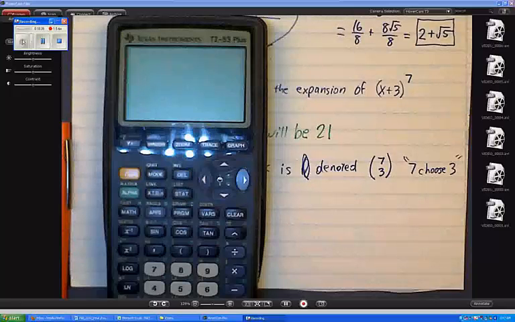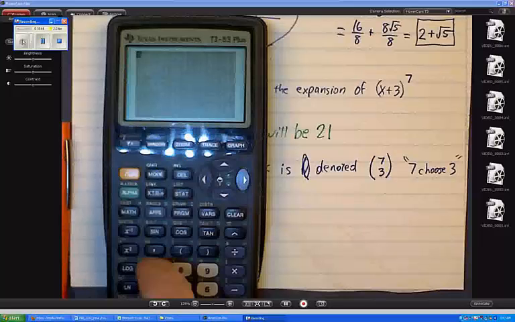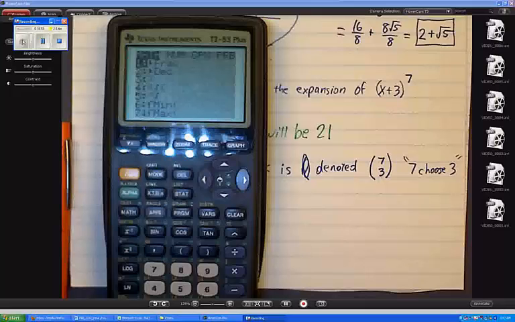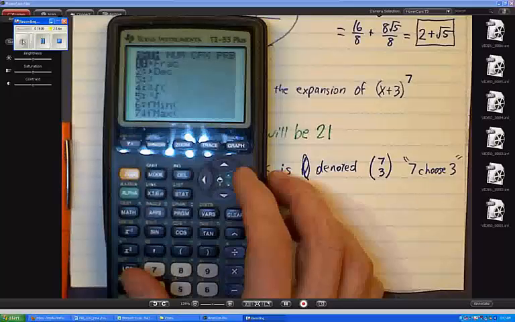So I'm going to go ahead to my calculator here, and I'm going to type in 7. And I'm going to go to my math menu. And the way I go to my math menu, right under my alpha key, I have a math button. And to find the choosing numbers that are in this theorem, I go all the way to the right.